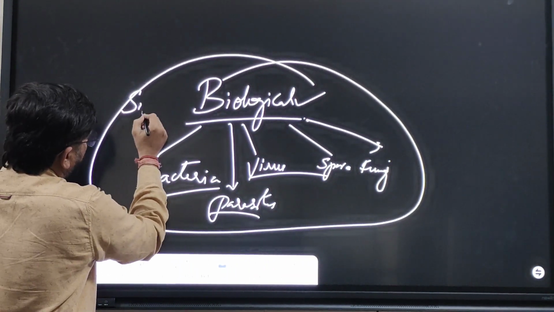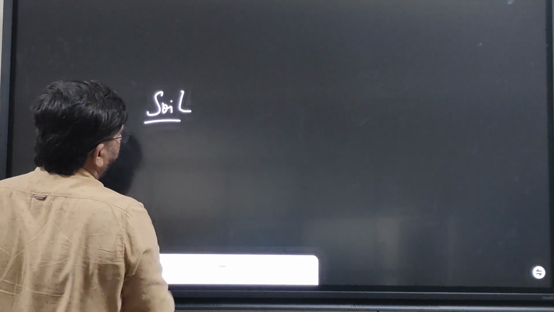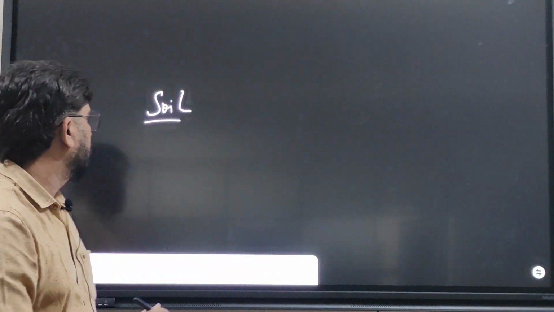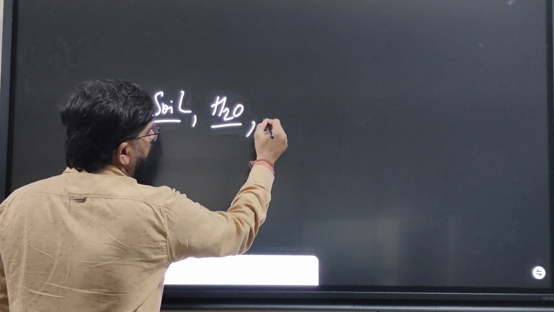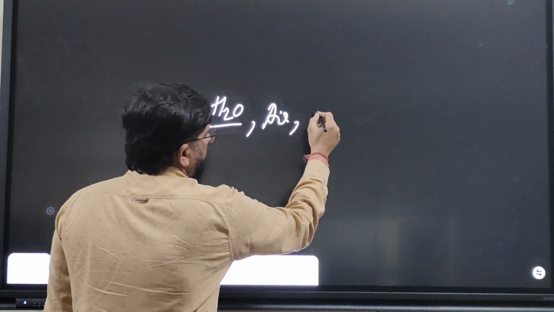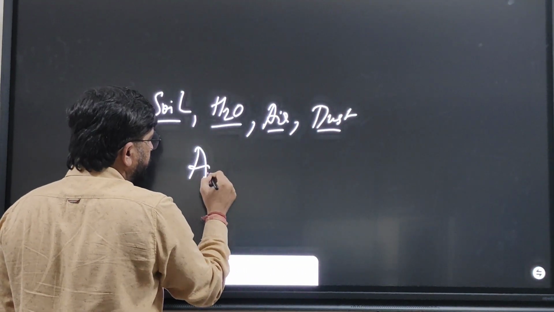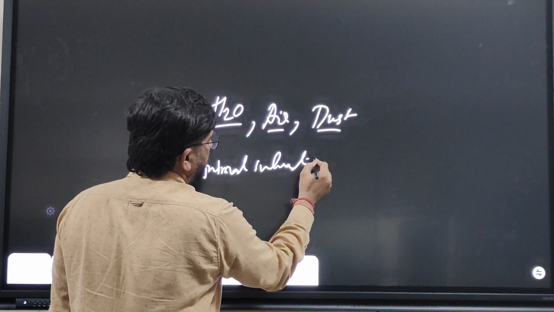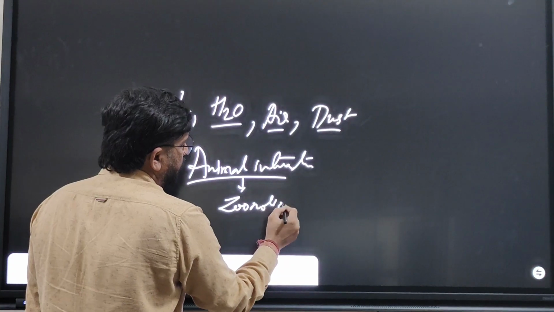The first thing is soil. In the soil, there is a diverse class of microorganisms. It can be beneficial and it can be harmful. Along with this, contaminated water, air, dust, animal interaction, which is nothing but the zoonotic mode of infection.